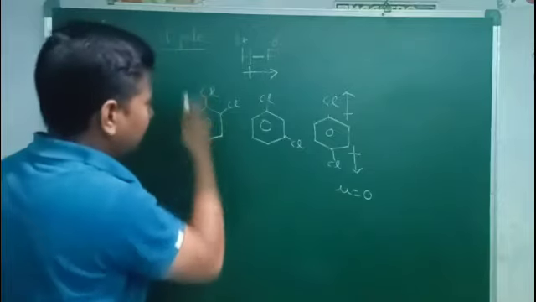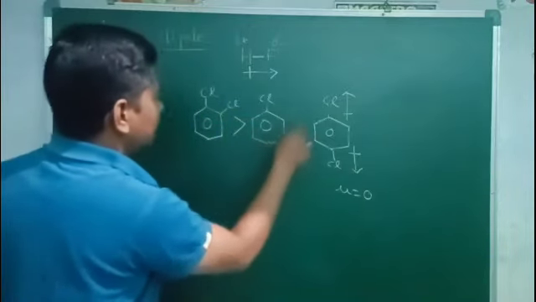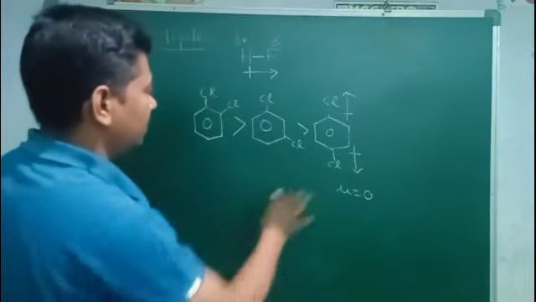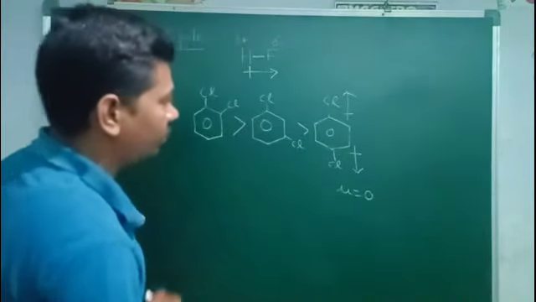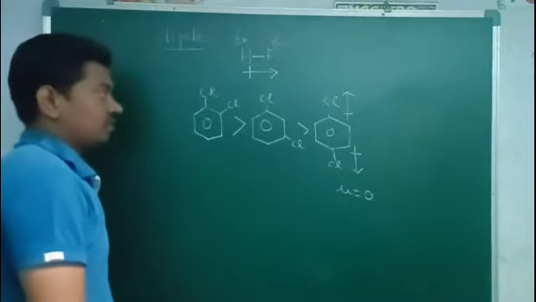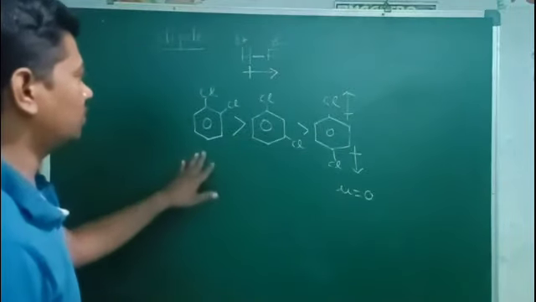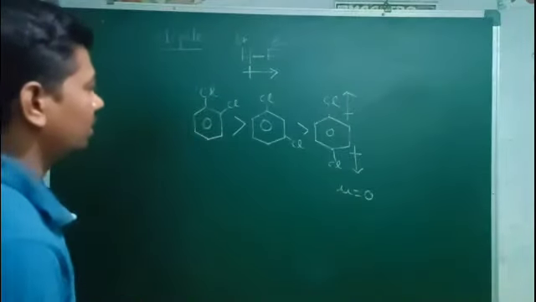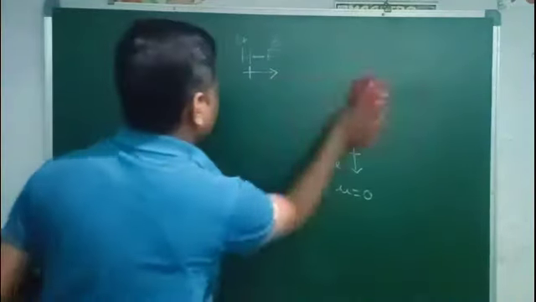Here in this case more dipole is present, and in this one somewhat medium dipole moment is present. In this case mu is equal to 0. Understand? So this is ortho isomer, meta isomer and para isomer.